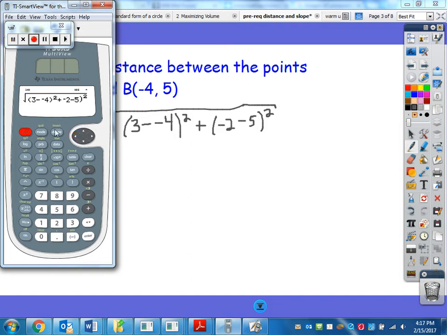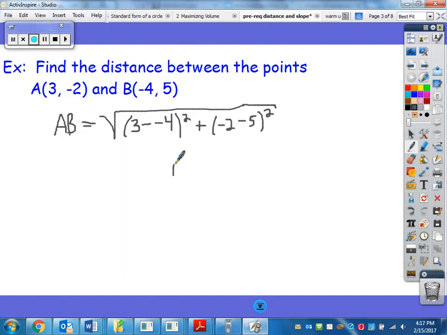Alright, so I'm going to insert a parenthesis there. Hit enter, and our distance is 7 square root 2, which is approximately 9.9. So 7 square root of 2, or about 9.9. So AB is 7 square root of 2, or approximately 9.9.